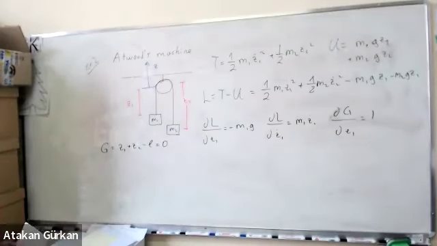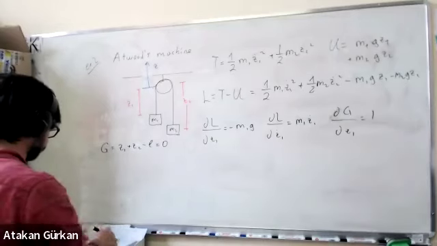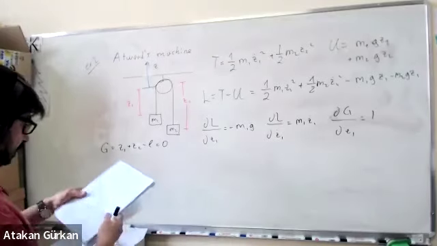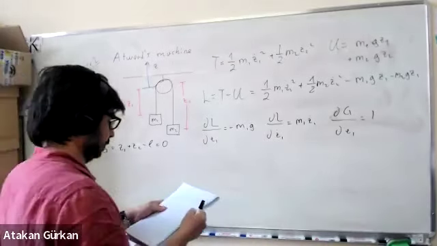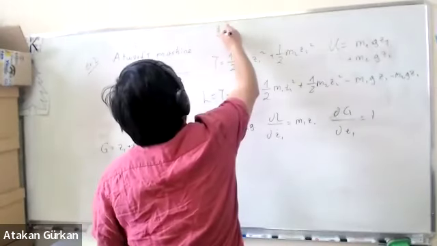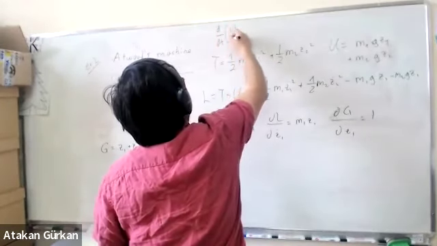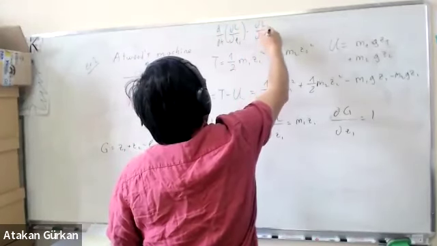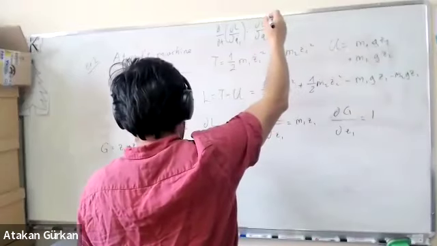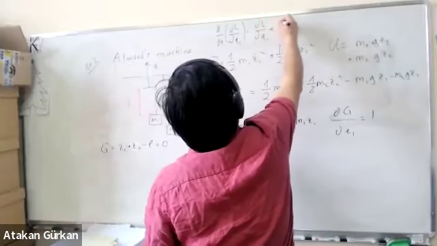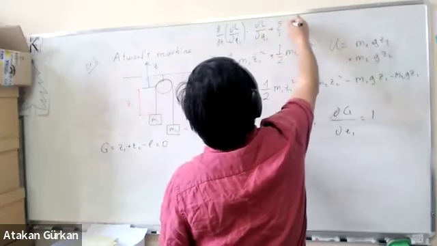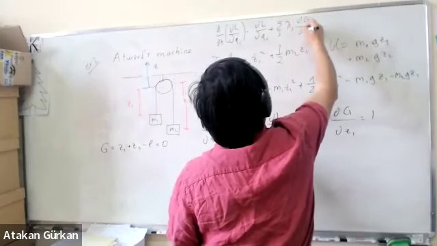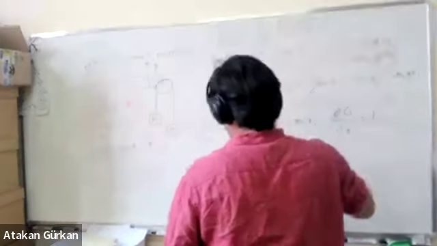So let me try to write the Lagrange equation the way we wrote it before: d by dt of del L by del qi dot minus del L by del qi, plus the sum over the constraints, lambda j del gj by del qi is 0.